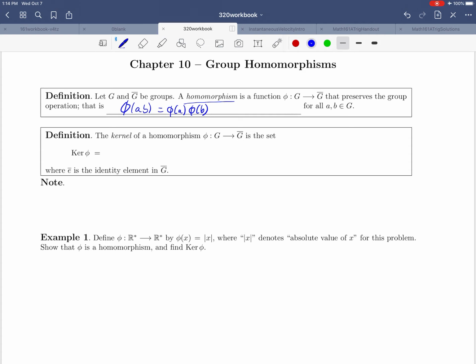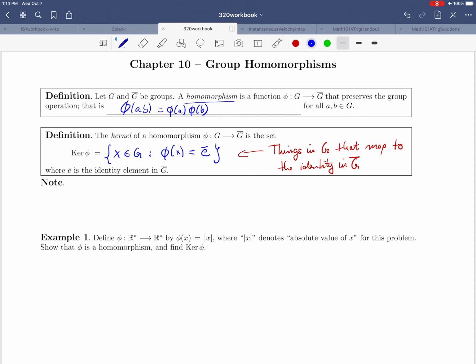So kernel phi is all the elements in G, so all x in G, such that phi of x is equal to the identity in G bar, and I'm going to call that E bar. So just to write it a little bit differently, those are all the elements in G that map to the identity in G bar.